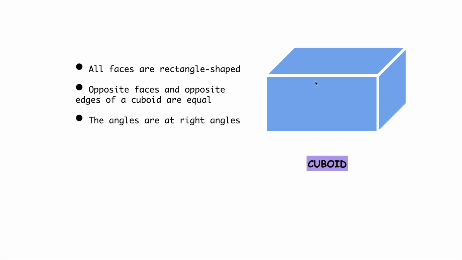The up face and the down face will be equal. The right face and the left face will be equal. Okay? So all the opposite faces and the opposite edges, they are also equal. And the angles are always at right angles. So this is all about cuboid.